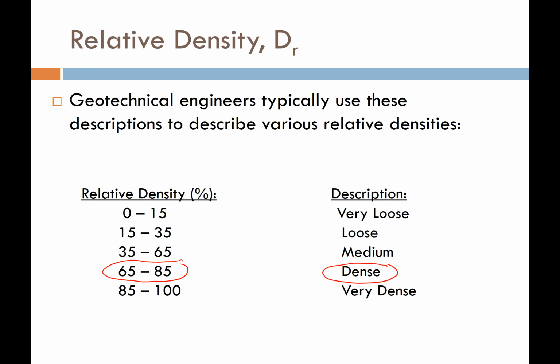Or if I have a very dense soil, that means that the soil is between 85 and 100% relative density. So this is nice because we don't have to use numbers, we just use descriptions when describing a soil. I can say I have a loose sand, or a very loose sand, or a medium sand, or a medium dense sand. Those kinds of things geotechnical engineers use all the time when communicating with one another.